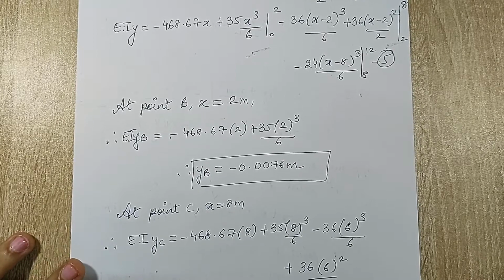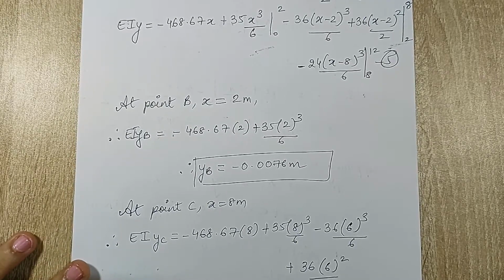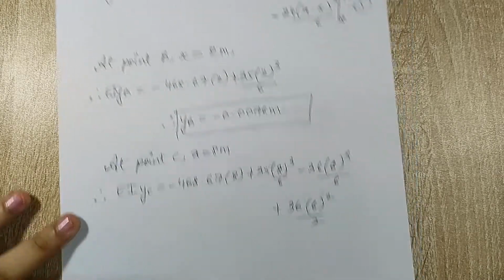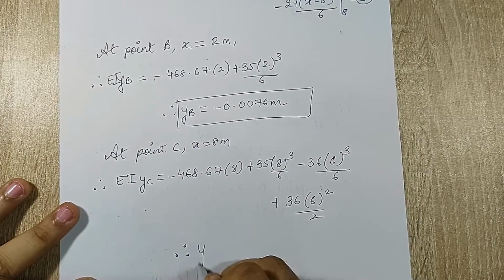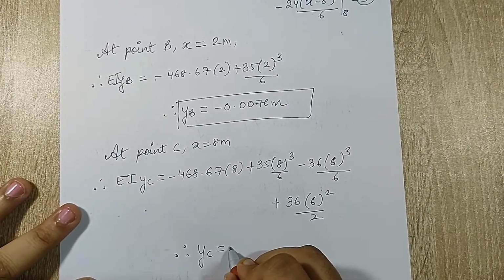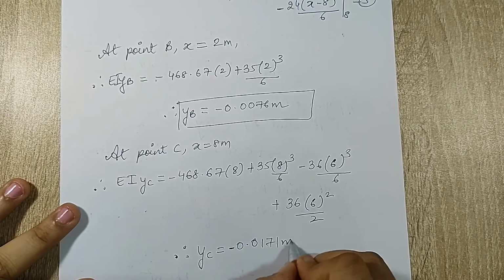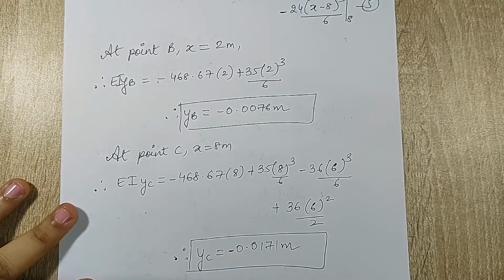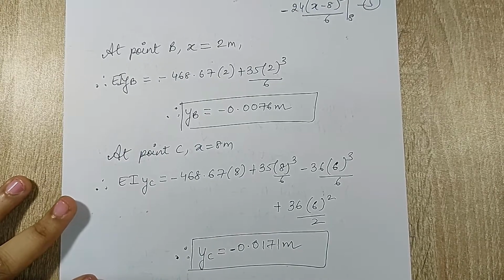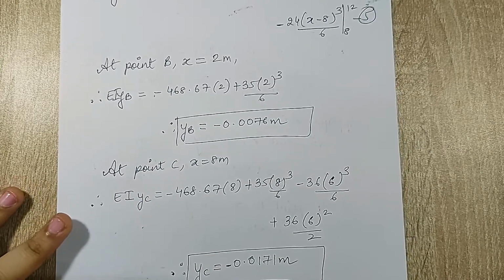So when I write this equation, I get the value of YC. Therefore, I'll get YC as minus 0.0171 meter. So this is the answer that I have obtained for YB and YC.